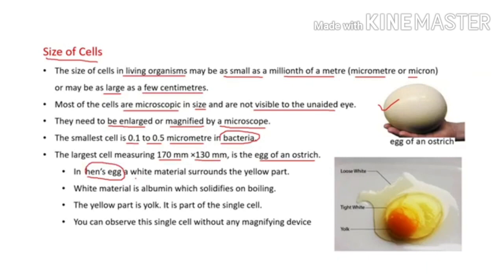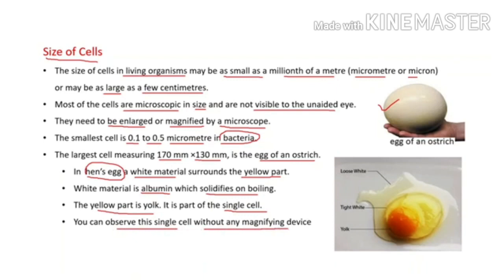In it, there is a white material surrounding the yellow part. This white material is albumin, which gets solidified on boiling, and the yellow part in the egg is yolk. It is part of the single cell. You can observe this single cell without any microscope.